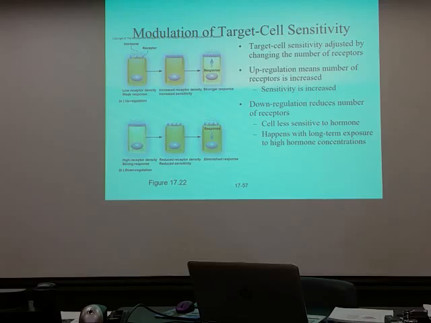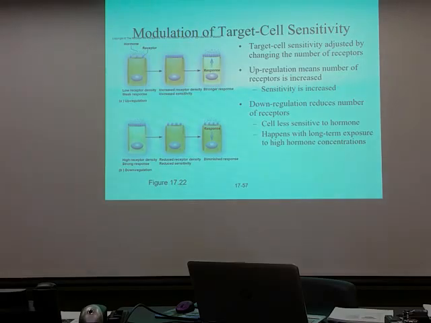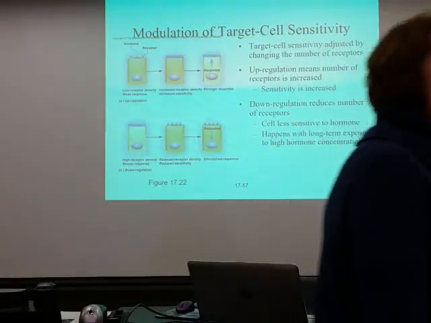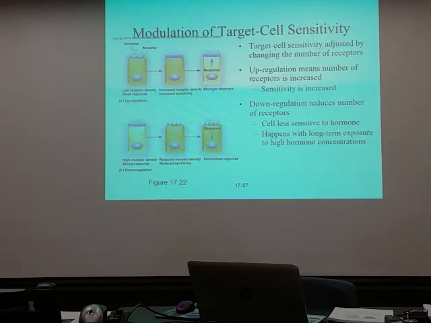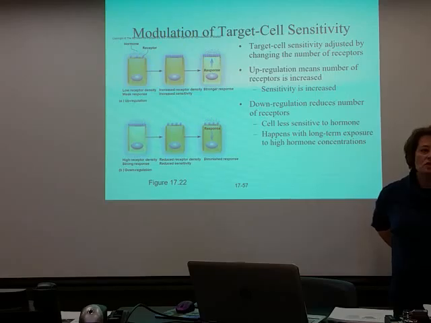Believe it or not, the cells of the targets can control the hormone usage by way of their receptors. It's called either up regulation or down regulation. If we think about controlling it based upon the receptors, upregulation is simply saying increase the number of receptors.